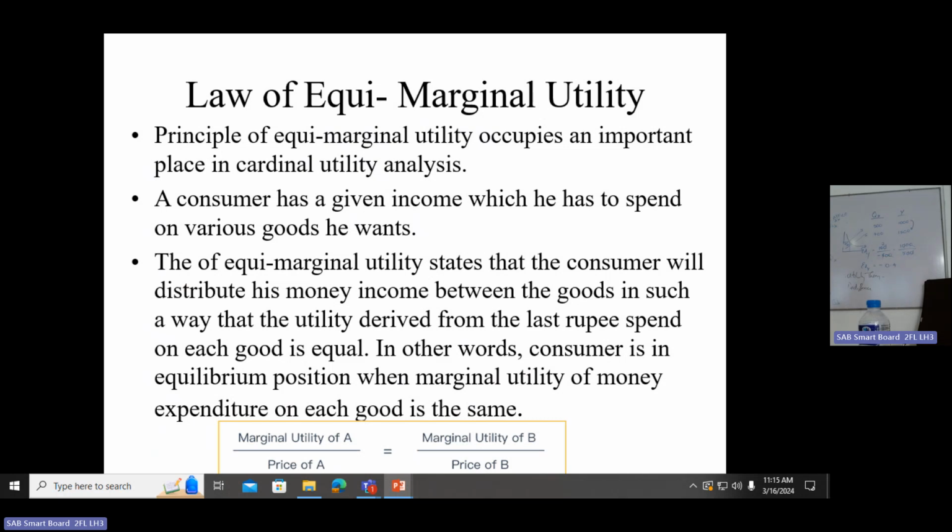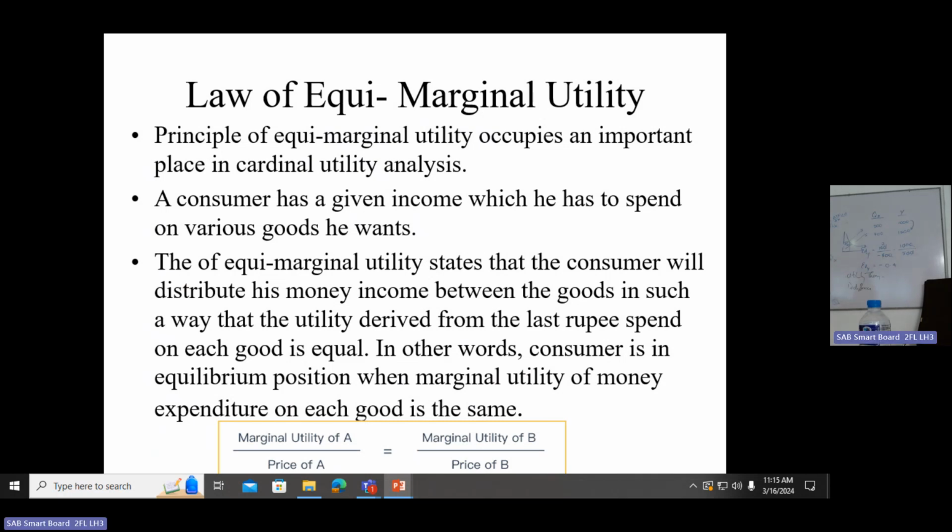Here we compare the marginal utilities and the prices of the products. That explains the utility derived from the last rupee we spend on each product. So marginal utility divided by the price of the product should be equal for the two products. That means the marginal utility of money expenditure should be the same.